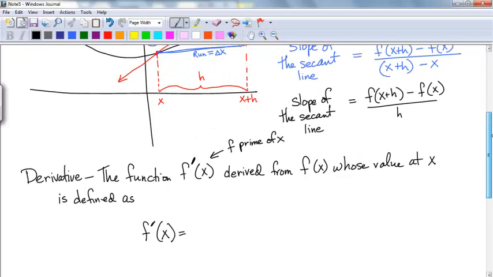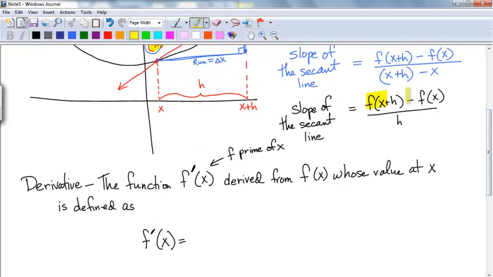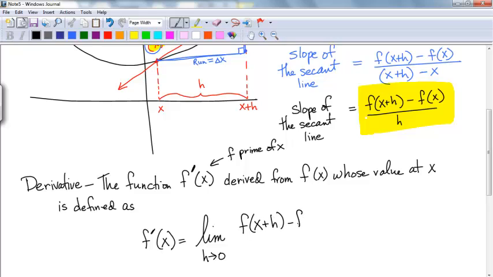The only difference is we take this equation up here and you let h go to 0. So when you let h go to 0, it's the limit as h approaches 0. Still have the same formula, f of x plus h minus f of x, all over h as h goes to 0.